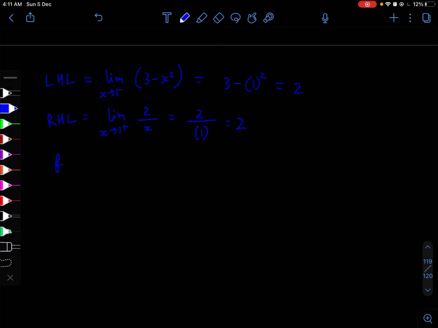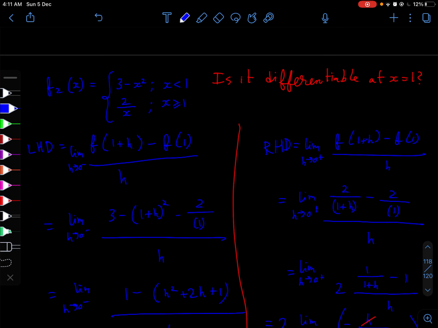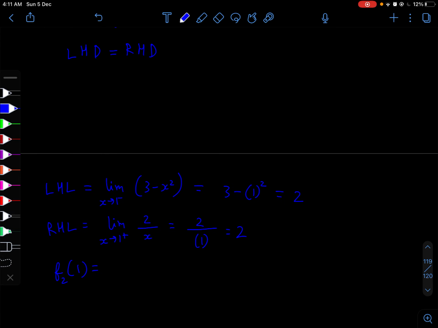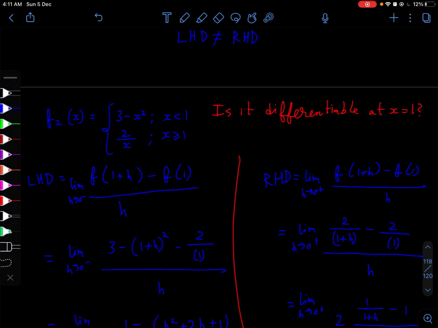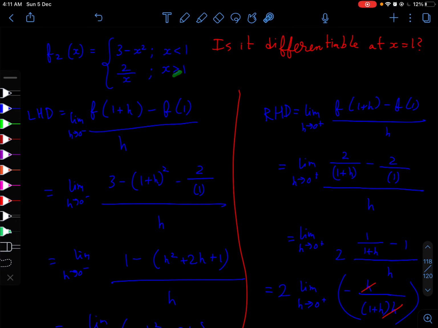Now f2 of 1, if we see the value of that, we're just substituting into the equation that's given, we'd get 2 divided by 1, because this can be taken when x is equal to 1 as well.